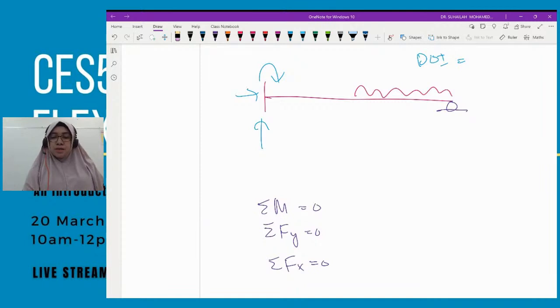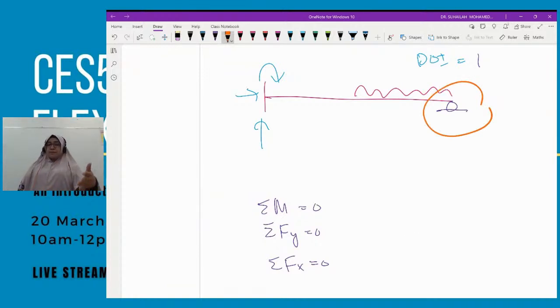So the extra one is the redundant. Without the redundant, can we analyze the 3 remaining unknown reactions at A? Without this roller, can we calculate AY, AX, MA?